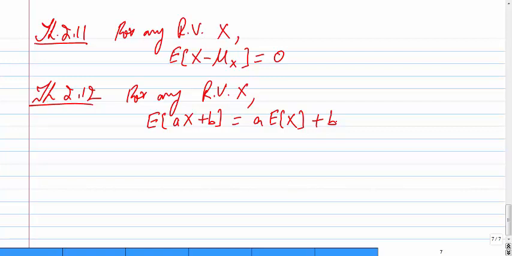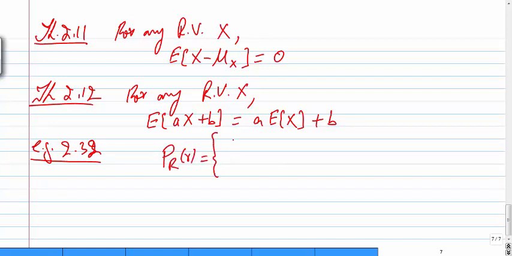Now let's look at an example. The example is 2.32, and it says that the PMF is given to us: P_R(r) is 1/4 when r equals 0, 3/4 when r equals 2, and 0 otherwise.